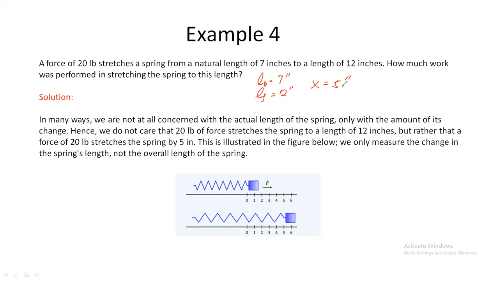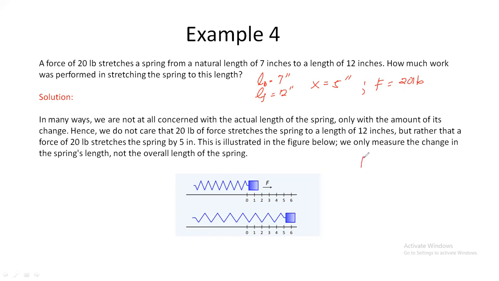So we go back to what I have written here. This is the change in the length of the spring, and you have the force applied, which is 20 pounds. From in here, class, you'll be able to find the K, just like in the illustration that was used in the previous slide.